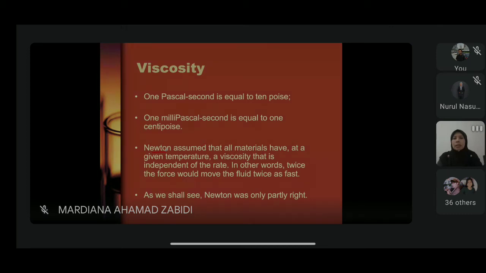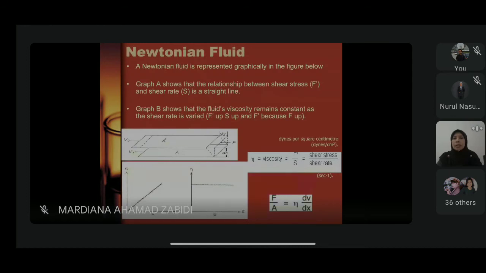But of course, this is only partly right, because not all fluids work as Newton stated. When measuring viscosity, we have two types of fluid: Newtonian fluid and non-Newtonian fluid.